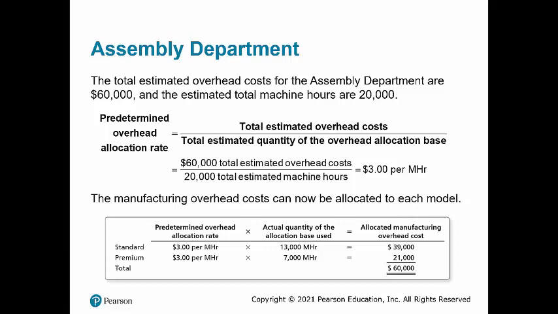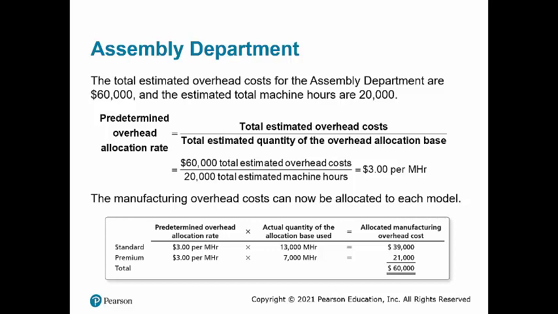Then we're going to use that overhead allocation rate and multiply it by the actual quantity of the allocation base used for each of the different models. So if the standard model required 13,000 machine hours, we multiply that by $3 and we get overhead for the standard tablet of $39,000.